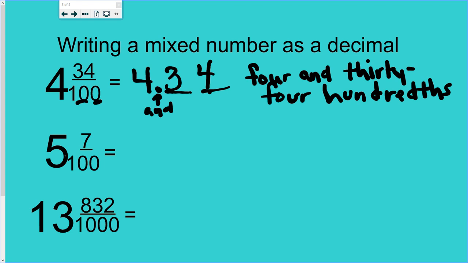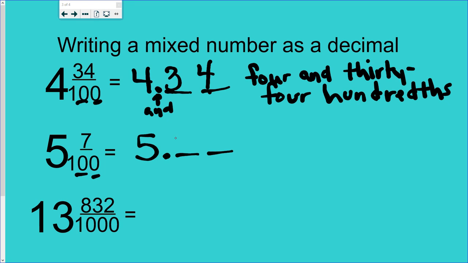All right, here's another one. 5 and 7 hundredths. So I have the number 5. We keep that the same. It's a whole number. Decimal point, I have 2 zeros, so 2 numbers after the decimal point. So think of it as money. You have 7 cents out of $1.